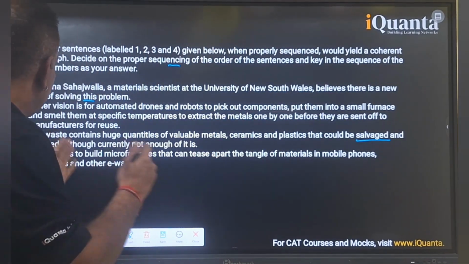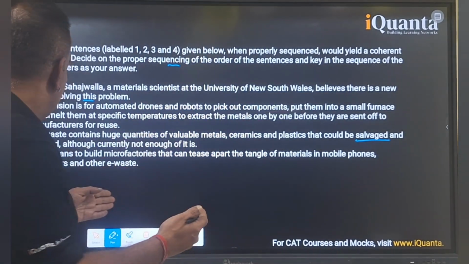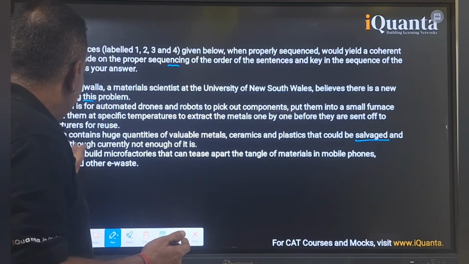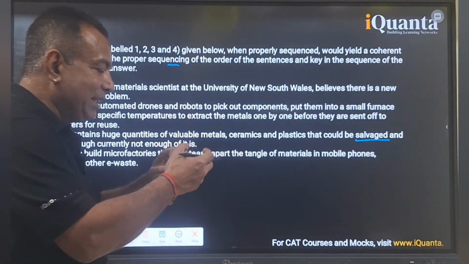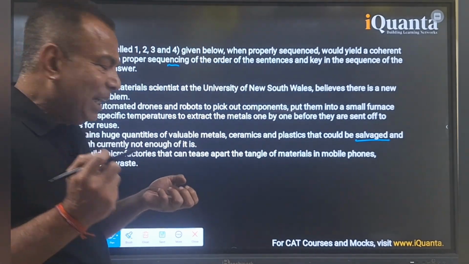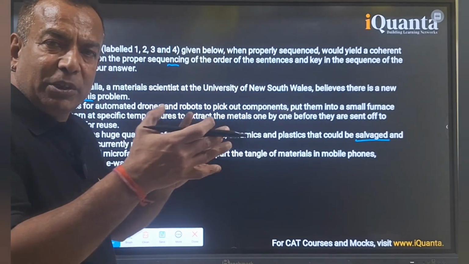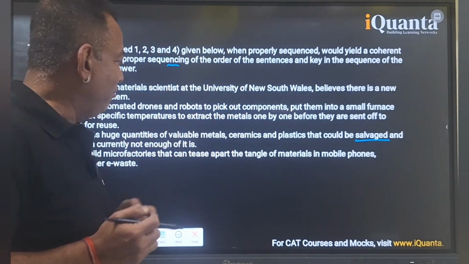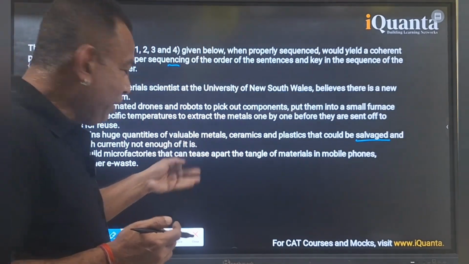So now she's talking about recycling, but then she's also talking about building micro factories that can tease apart, that is slowly take out the metals or materials from the junk or the waste we have, and then that can be reused.